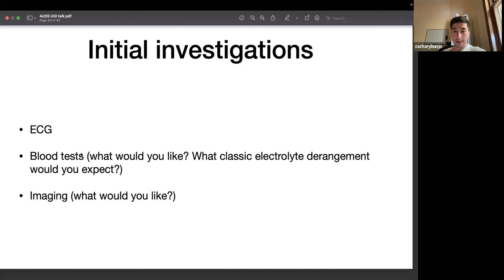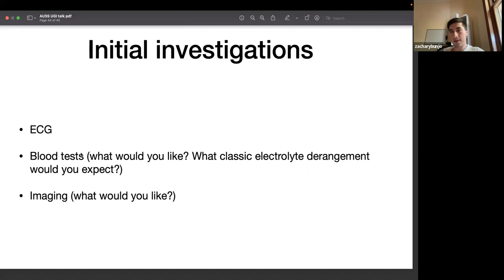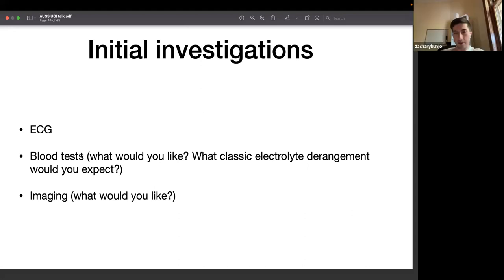Blood tests. What would you guys want to order? CBE and EUC. Perfect. So why CBE? To check for any anemia, particularly a normocytic anemia, maybe suggestive of an acute blood loss. Yeah, perfect. Looking for anemia.